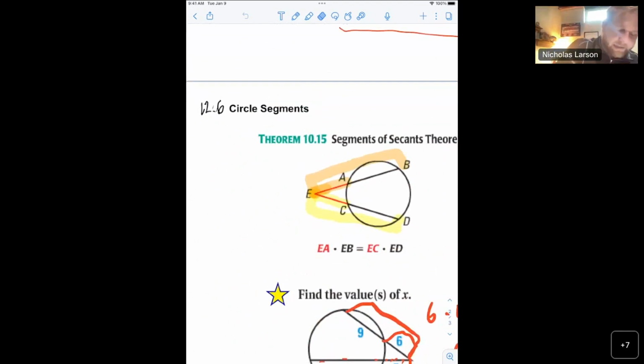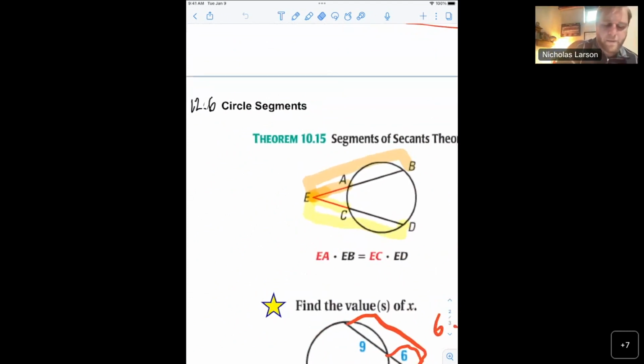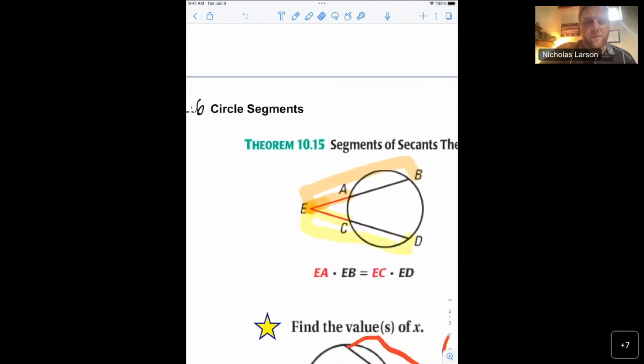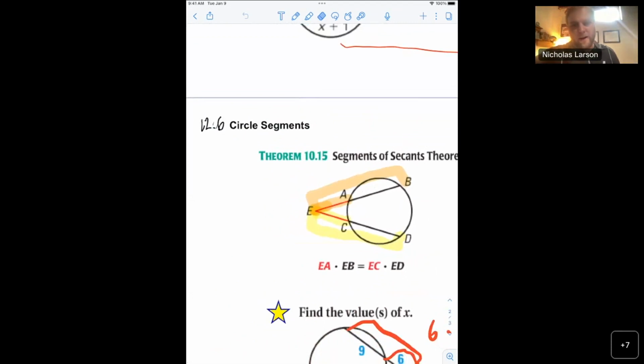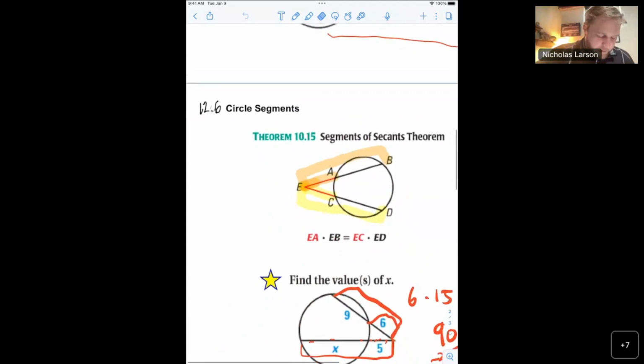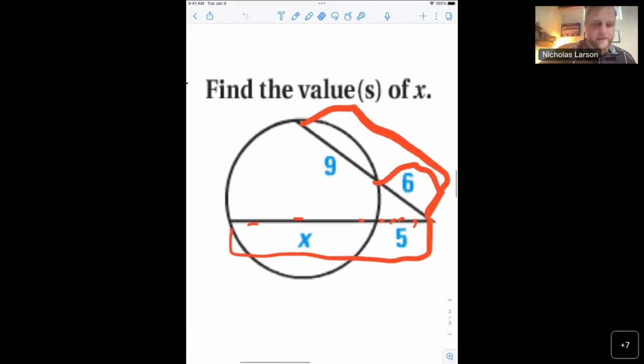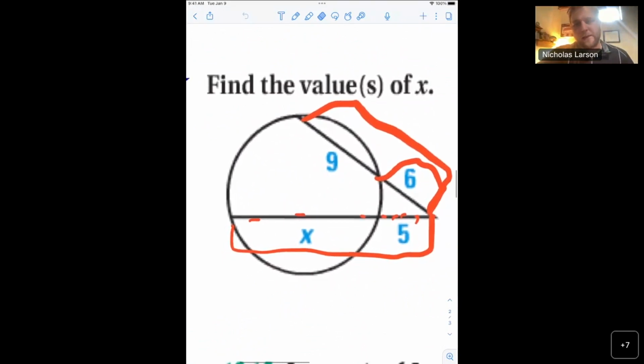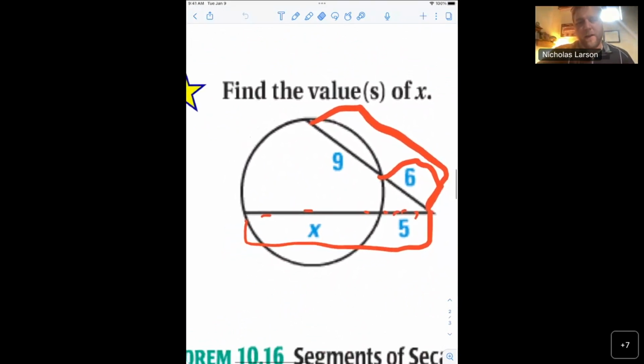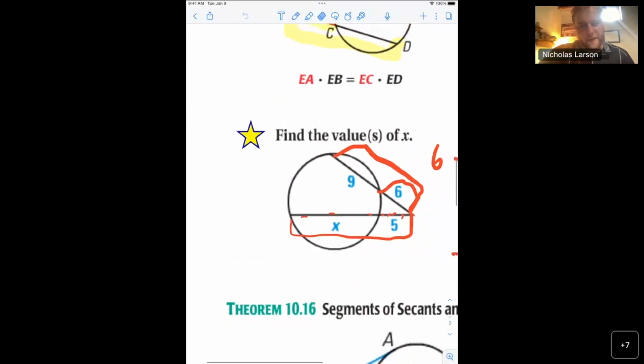And then notice that EB is the whole thing. So it's not AB, okay? It's not AB because that wouldn't be what we are trying to calculate. So it's my whole segment, which again sometimes requires you to maybe add, say like this, that whole segment would be called x plus 5 on the bottom, and 9 plus 6 would give me 15.